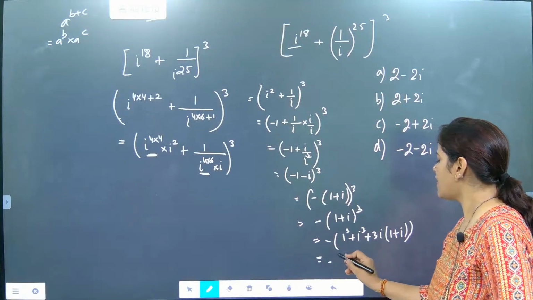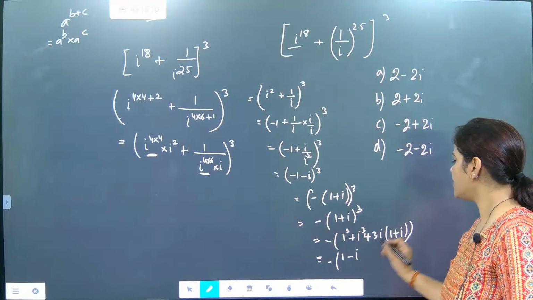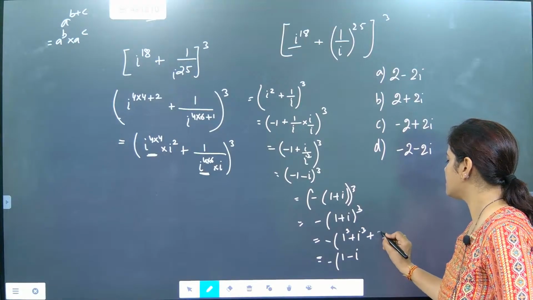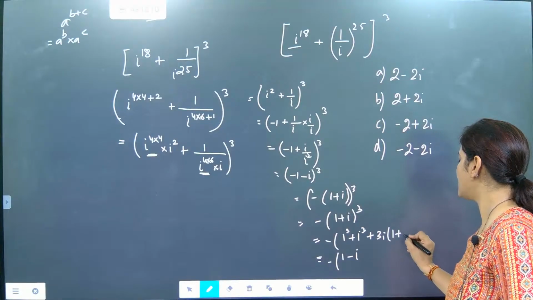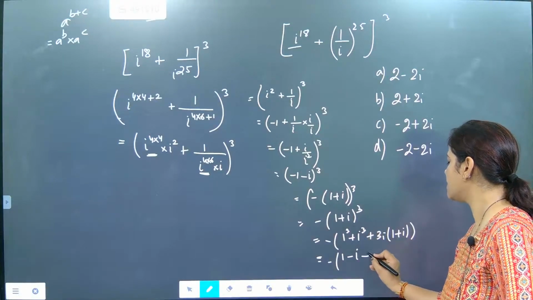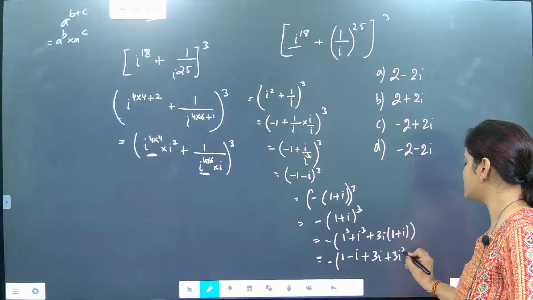Done. Now 1 will be written as 1, i cube is minus i. 3i, 1 plus i, gives 3 plus 3i, and here plus 3i square.